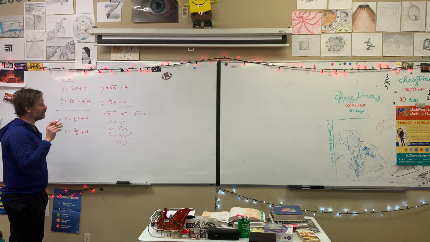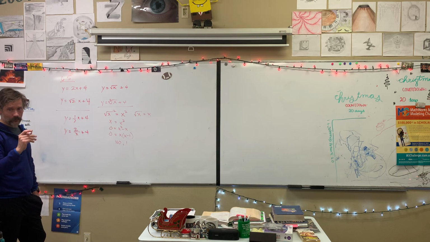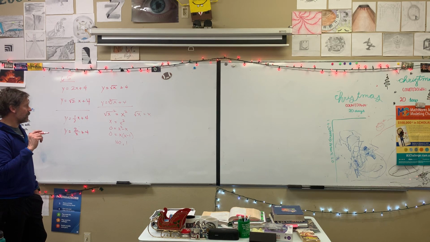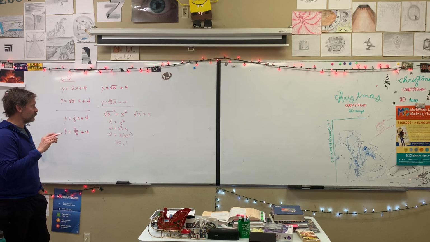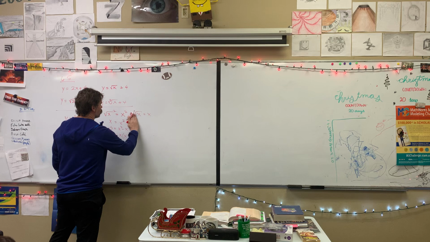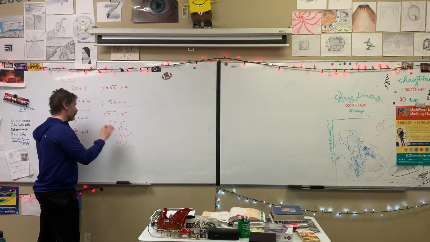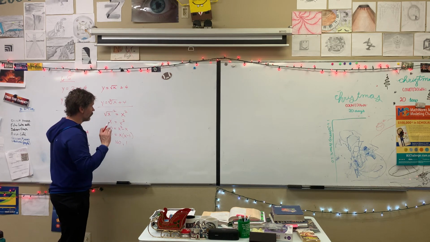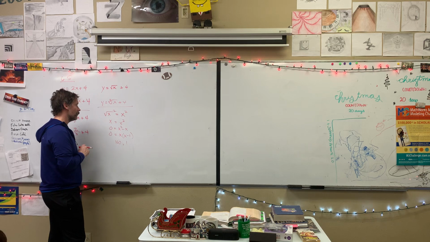I'll find an example where we come up with an extra root. You can come up with an extra root, in which case you should check your answers when you finish solving and make sure they work. That one didn't work out for us to find an extra root. Both of those roots work.